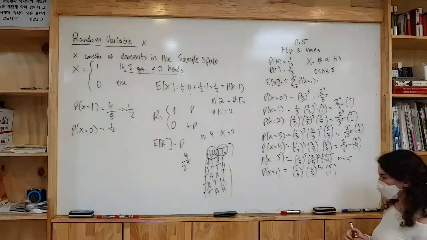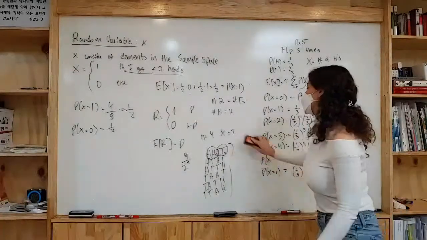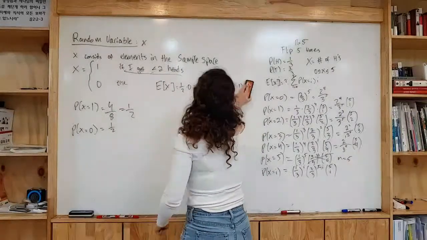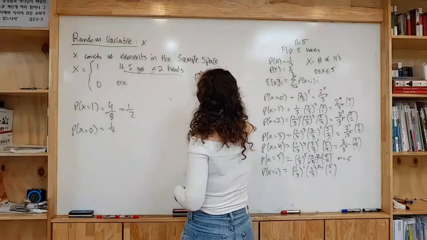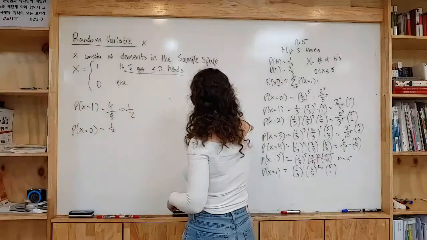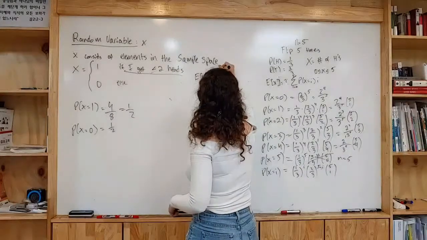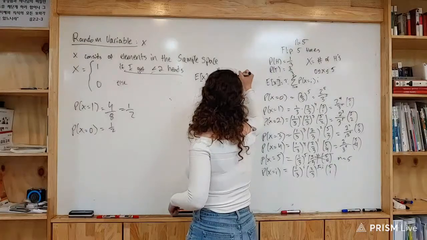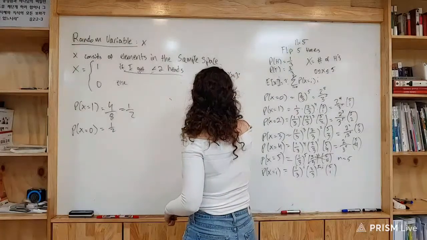Alright, so now I want you to write E of x for me in a sum. So we get E of x equals the sum from i equals 0 to n of i times P of x equals i, which equals what?